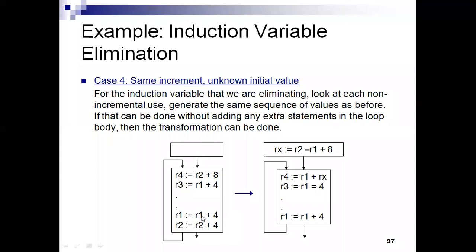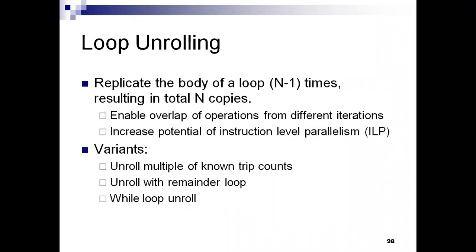I am not adding any other statements to the loop body, but I am eliminating this extra statement, R2 is equal to R2 plus 4. And only I am using the statement R1 is equal to R1 plus 4. Is it clear? And this is about the induction variable elimination transformation.